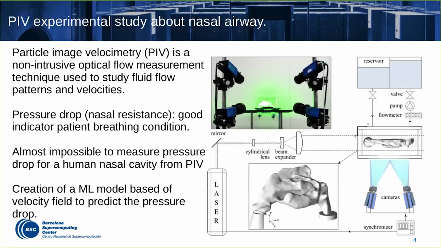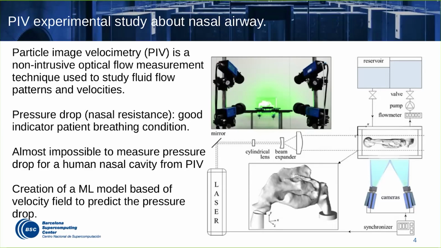And with experimental science, you can recreate the geometry of a patient using transparent silicone. You plug in and plug out the entrance and the output, some water, and you put a setting with a camera, and you can recreate the flow circulation of this geometry. So this technique is called particle image velocimetry, also called PIV.